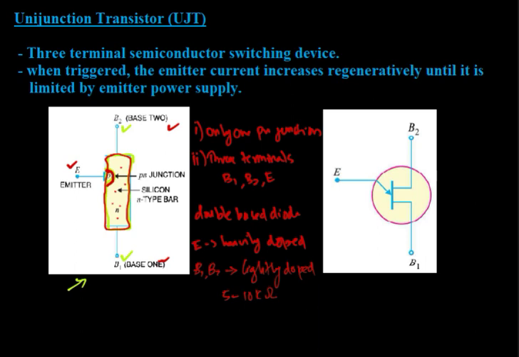That means when you apply proper voltage to this emitter terminal, the channel will have a small resistance, or there will be a current flow through this channel.